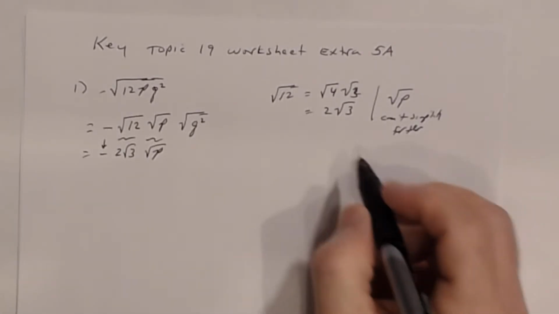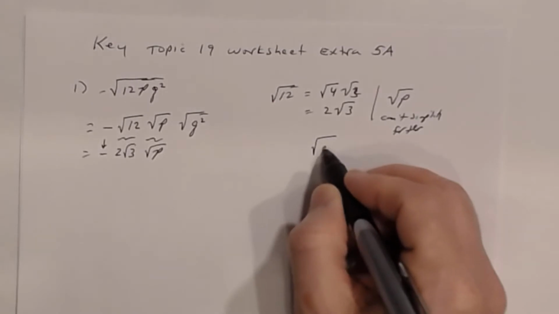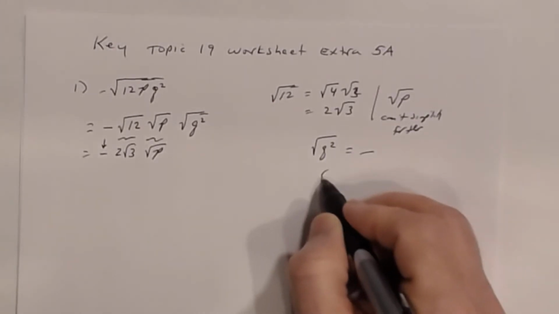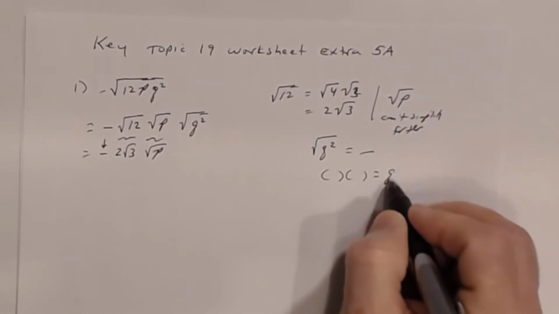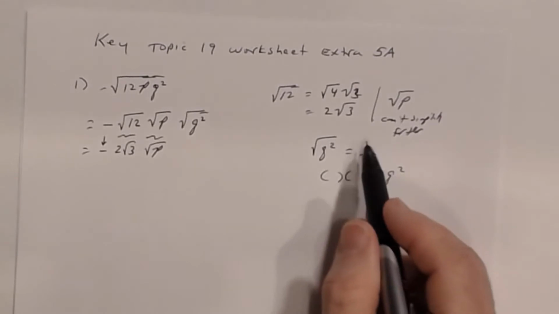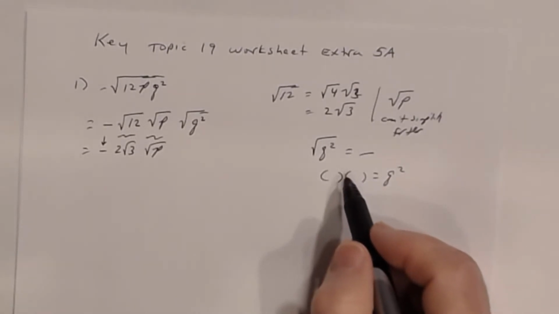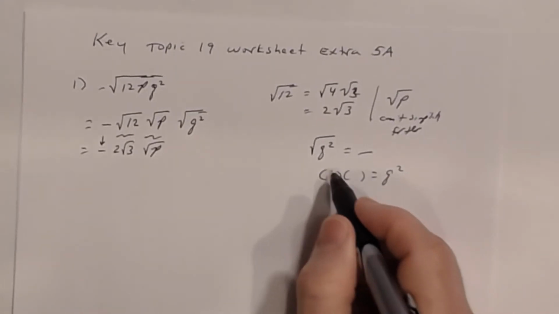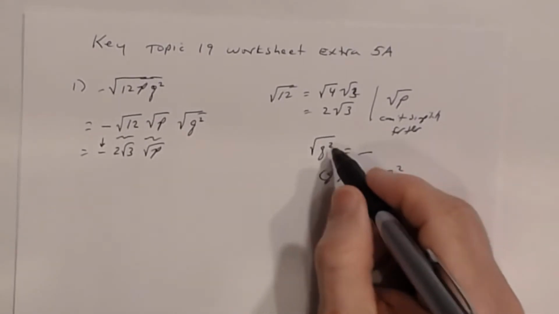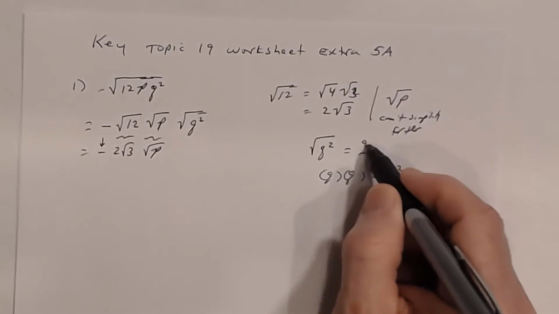Now for the square root of q squared, you need to ask yourself what times itself is q squared. That's what the square root of q squared means. Well, that's easy. That's just q times q. Q times q is q squared. So the square root of q squared is q.